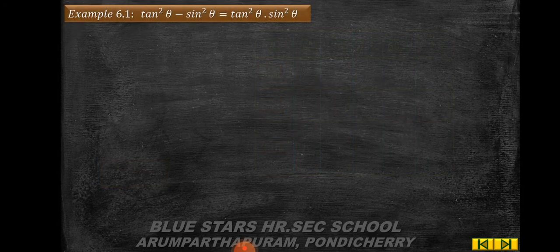Now we are going to see example 6.1. Tan square theta minus sin square theta is equal to tan square theta into sin square theta. First we have to take the left hand side, tan square theta minus sin square theta.